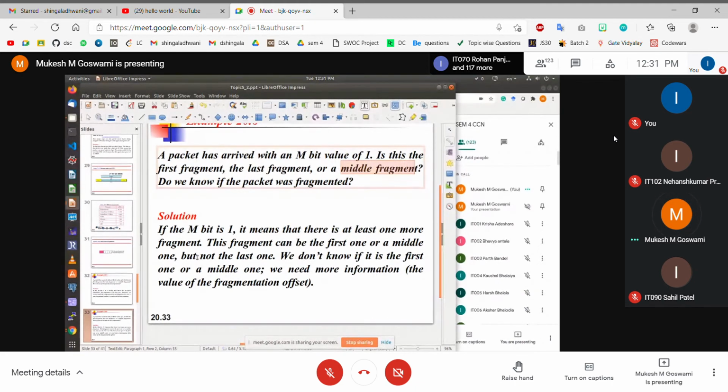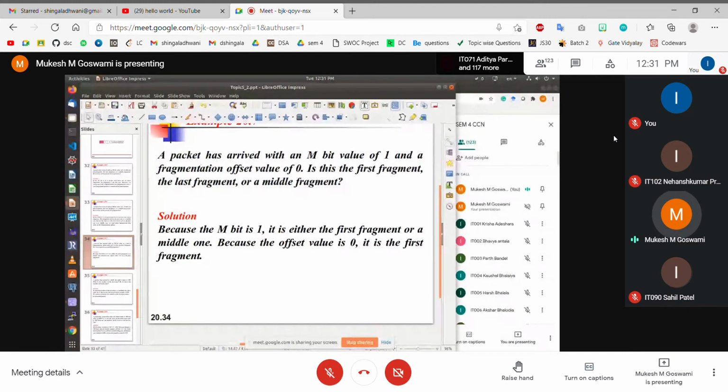Okay. So similarly, if a packet arrived with m bit equal to 1 and the fragment offset value is 0, is this the first fragment, a last fragment, or a middle fragment? So m bit is equal to 1, so we know for sure that this is not a last fragment. It is either the first fragment or a middle fragment. But see, the value of offset is 0. It means that if it is a middle fragment, then the offset cannot be 0, right?